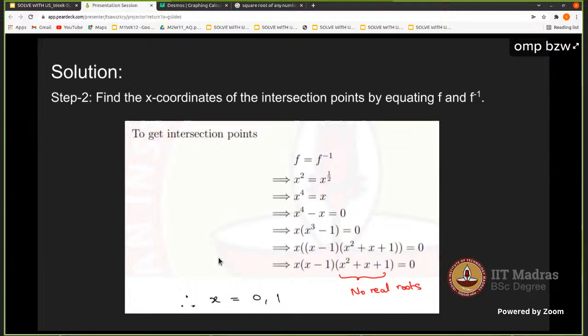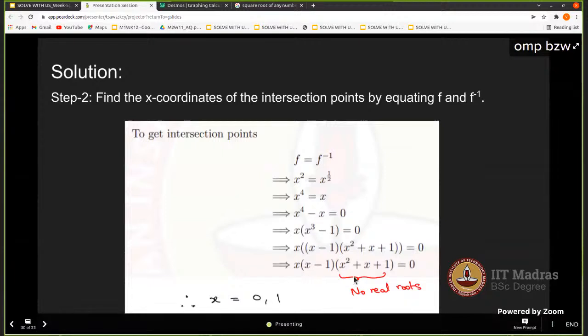Further simplification, factorizing, you will get x into x minus 1 into x square plus x plus 1 equals 0. If you see here, x square plus x plus 1 has no real root. So if you compute the discriminant of this, you will get less than 0. So therefore I can say x equals 0 and x equals 1 are the only roots.